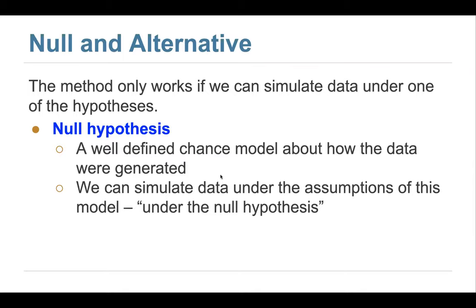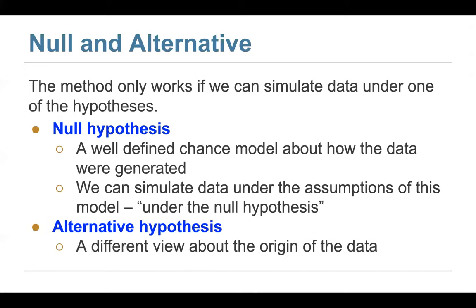So you're basically simulating data under the assumption that the model is true. That's what we just did in this case. We assumed that the jury panel is taken at random from the eligible population, and we simulated under that assumption. So we simulated under the null hypothesis. And the alternative viewpoint was, no, it's actually biased. It's not actually randomly sampled from this eligible population.